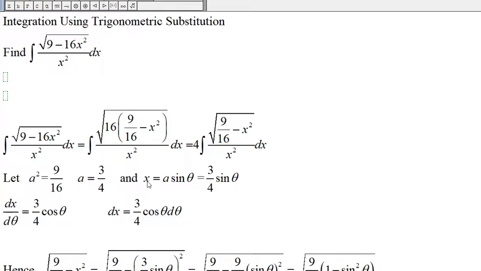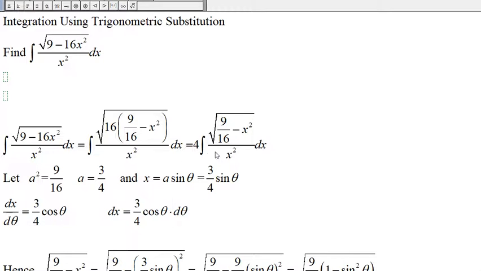And so now we let x be a sine of theta, so x will be 3/4 times sine of theta. And then the derivative of x with respect to theta, we get 3/4, and the derivative of sine of theta is cosine of theta. And therefore we have dx is 3/4 times cosine of theta times d theta.